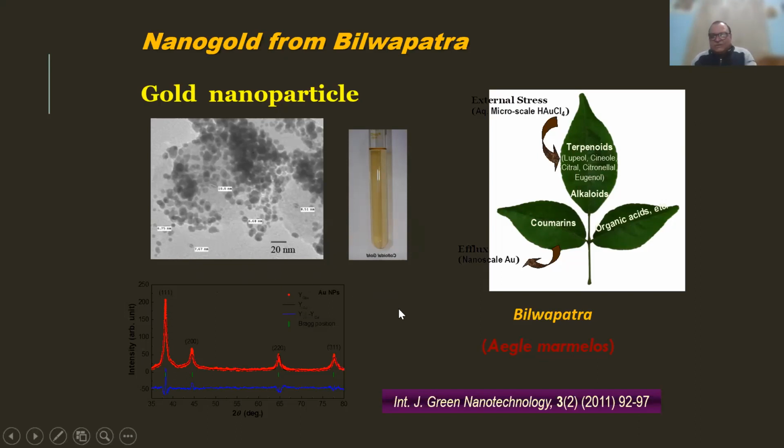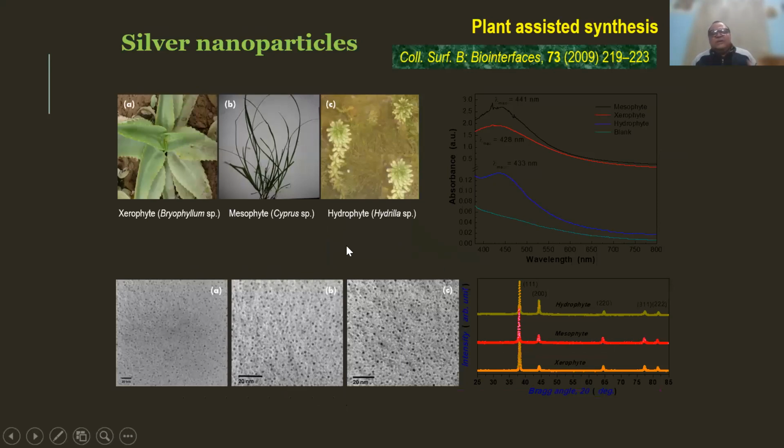So it was quite encouraging, and our journey continued. We wanted to assess whether plant systems of different kinds, xerophytes, mesophytes, and hydrophytes, will give or will not give. They gave, due to their own individual physiology.